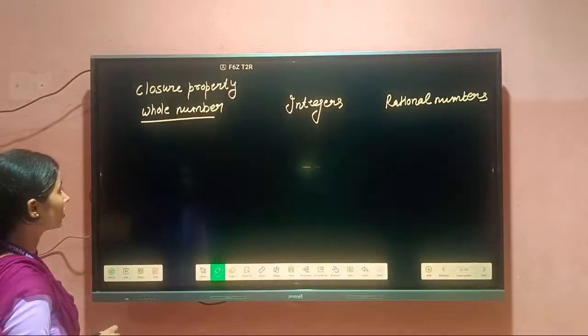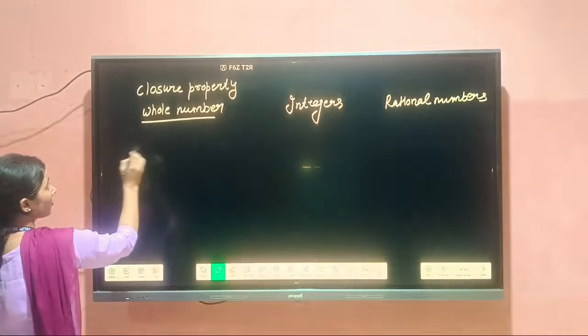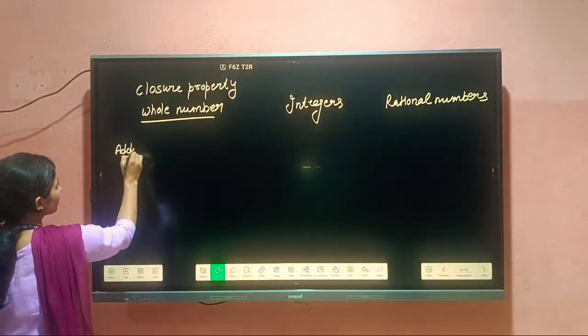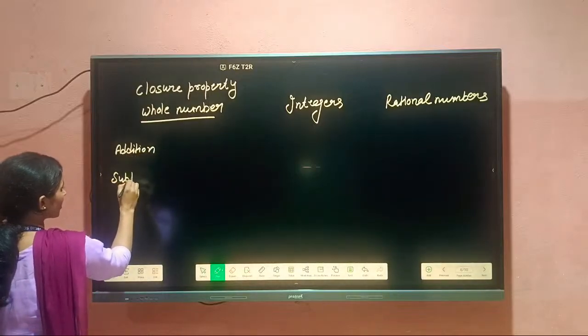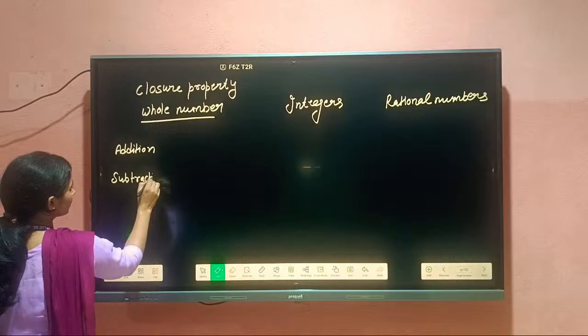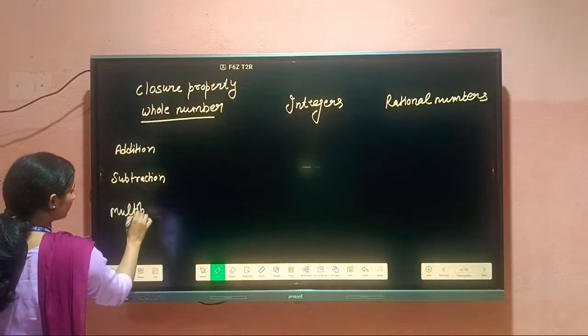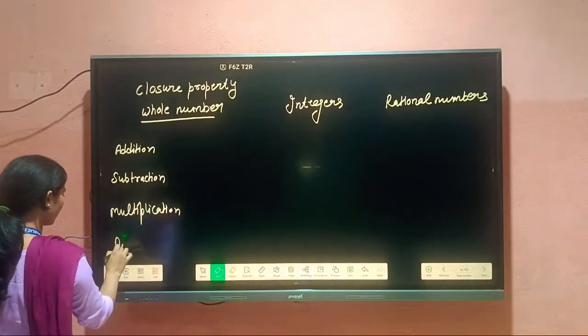That are whole numbers. Now see, closure property for whole numbers under four operations: under addition, under subtraction, under multiplication, then under division.